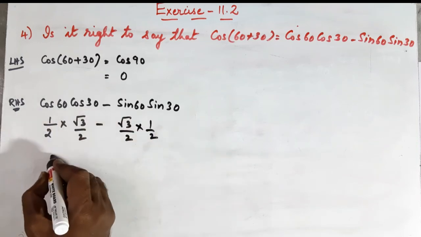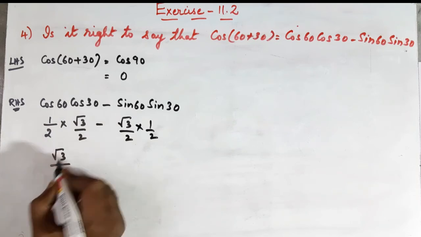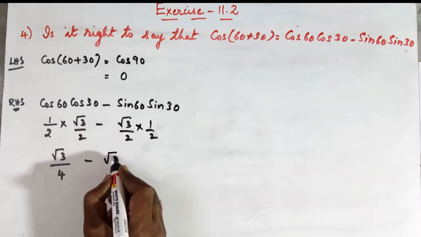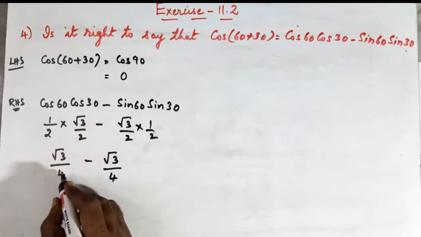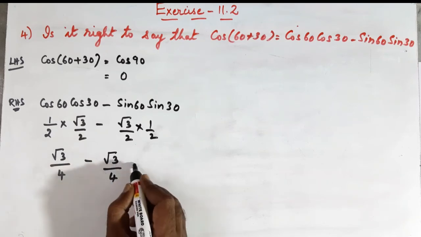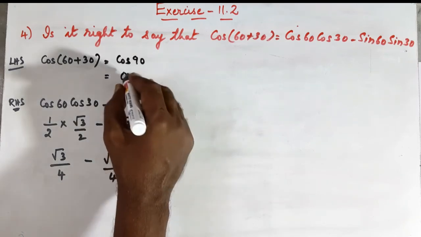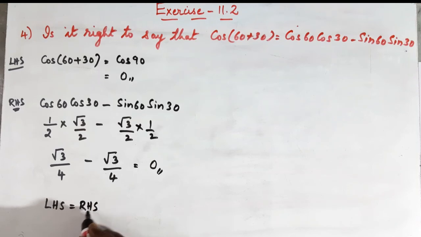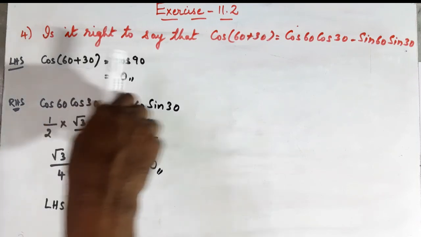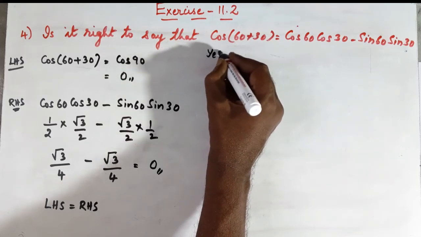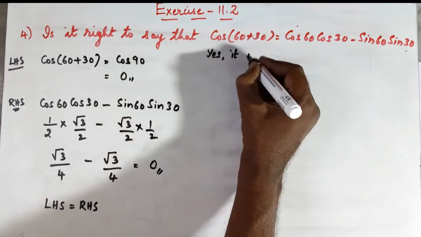So 1 into root 3 by 2 2s are 4, that is root 3 by 4, minus root 3 by 4, is equal to 0. So from here we have seen that LHS is equal to RHS. So is it right to say these two are equal? Yes, it is right.